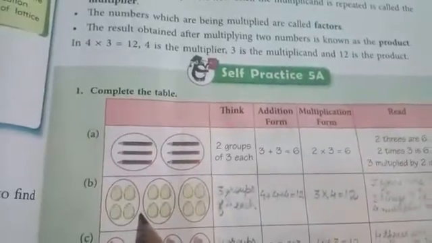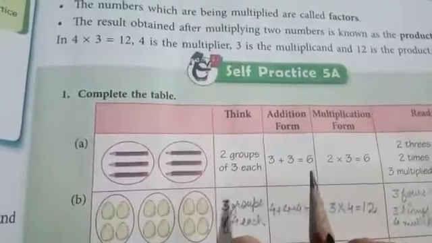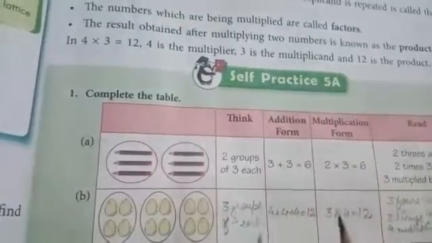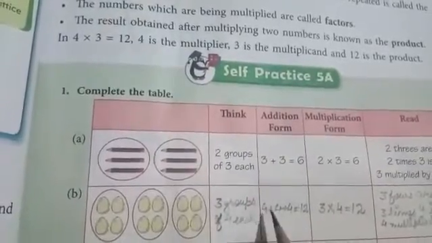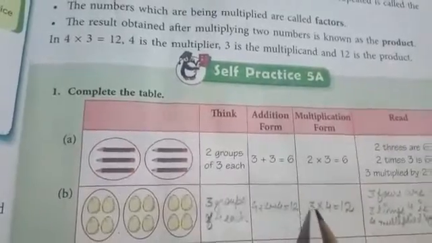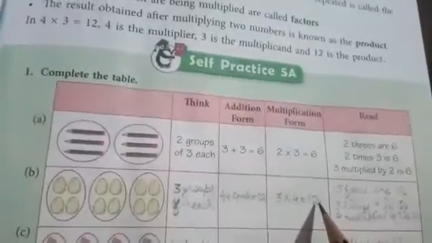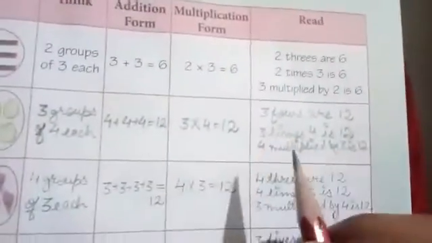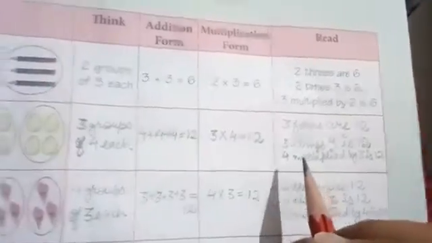Now in B, 3 groups are given, so we have written 3 groups of 4 each. Now 4 is given in each group, so 3 times we have written 4 plus 4 plus 4 equals 12, and in multiplication form 3 into 4 equals 12, and in read form 3 fours are 12, or 3 times 4 is 12, or 4 multiplied by 3 is 12.